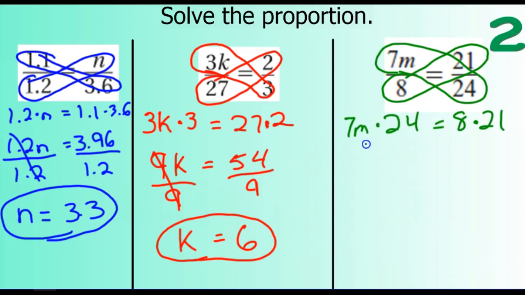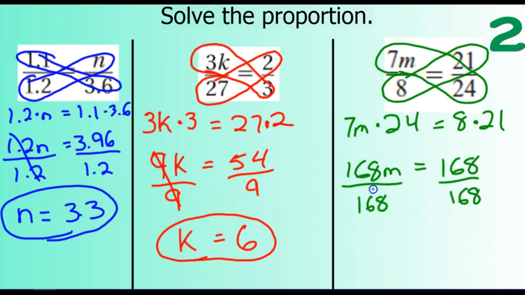So 7 times 24 equals 168m equals 8 times 21, which gives us 168. Same thing. Divide by 168, divide by 168. And m equals, well, how many times does 168 go into 168? That's once. So m equals 1.